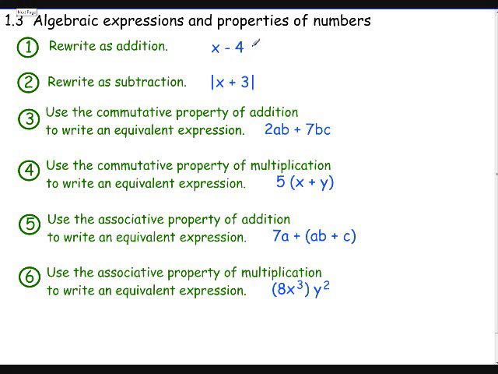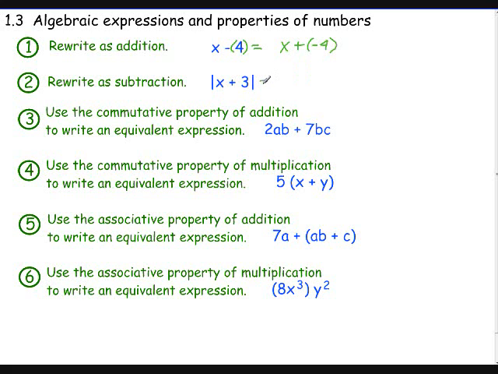Rewrite as an addition. So I have to write it as an addition. I can do that by taking the additive inverse of 4, which is changing from x minus a positive 4 to x plus a negative 4.